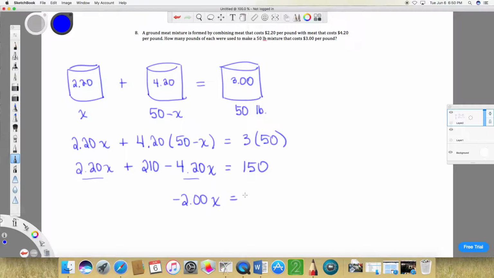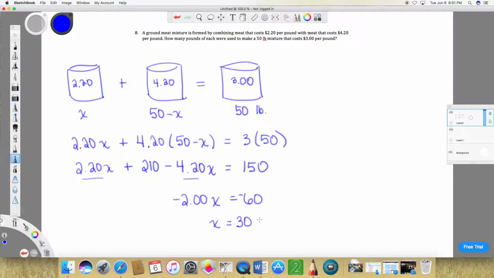If I subtract 150 minus 210, what I get is 60, no, -60. And if I divide, negative divided by negative is positive, and half of 60 is 30.